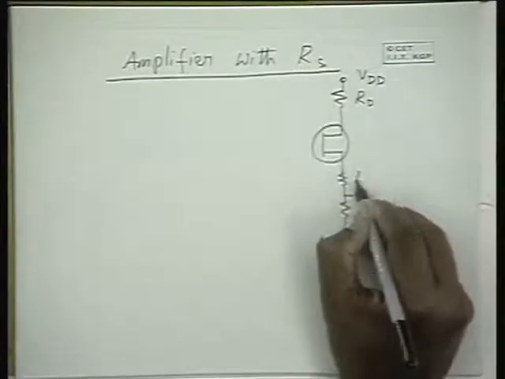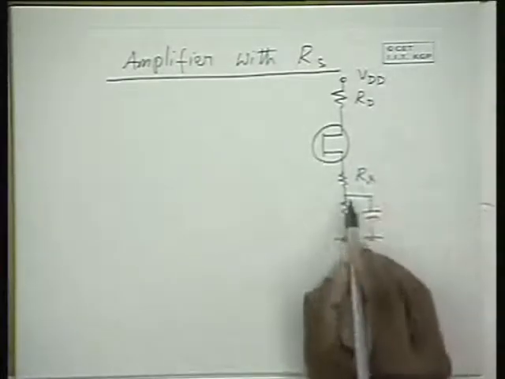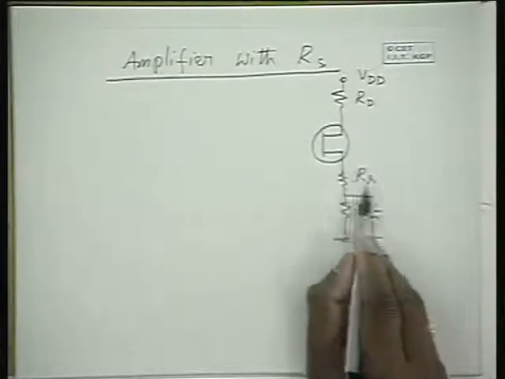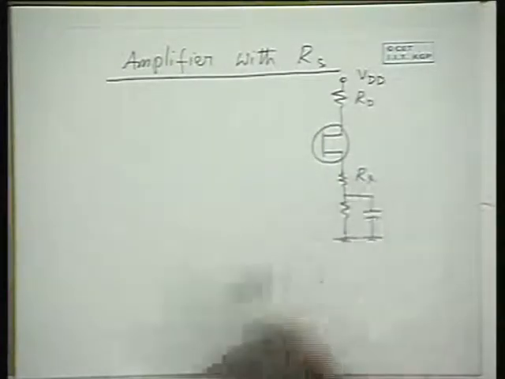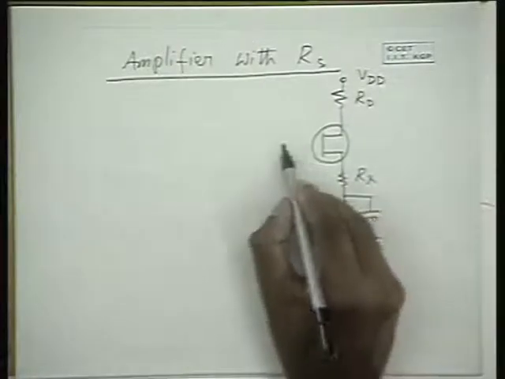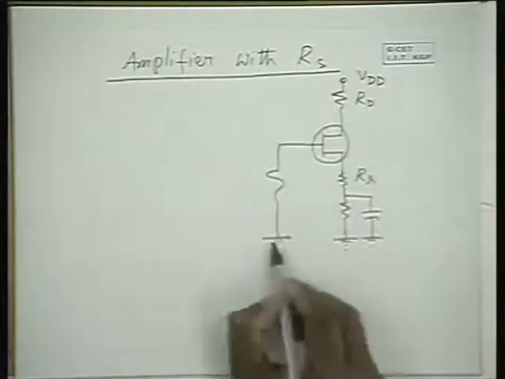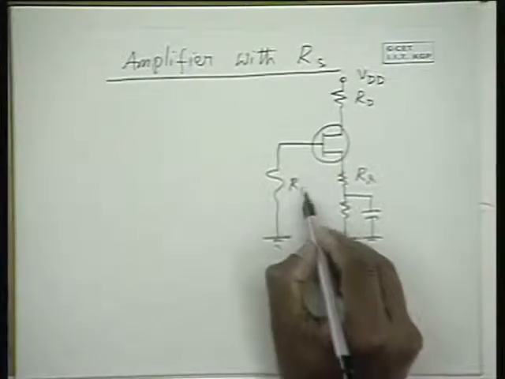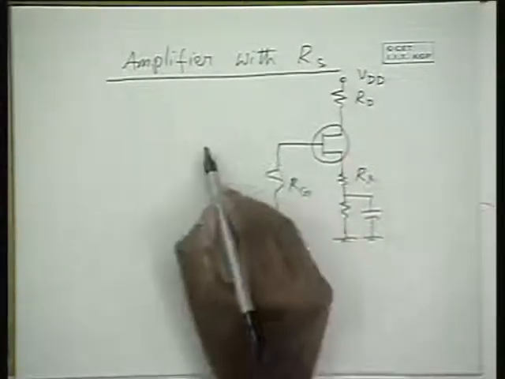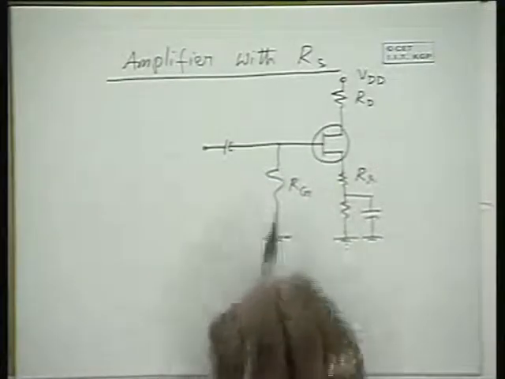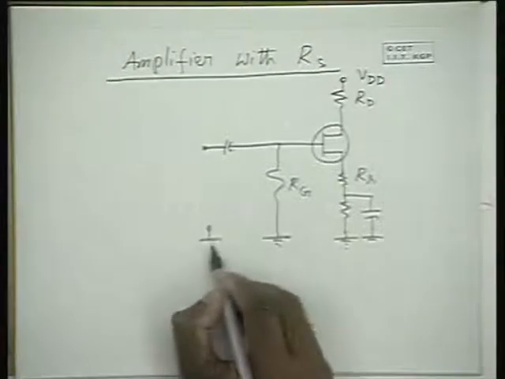So let us now consider that RS is there. The RS that comes into the AC equivalent circuit is this, and there is an RG here. So this is the circuit.